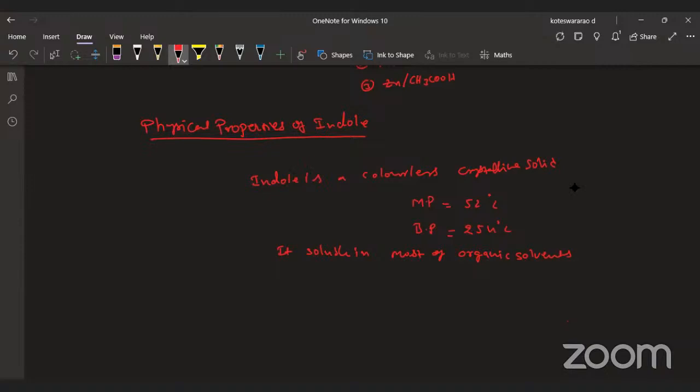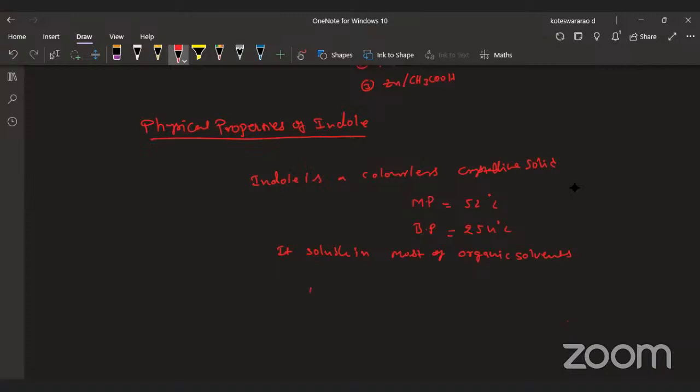The pure form of indole has a very pleasant smell. This is the reason it is used in the perfumery base. The impure indole has a very unpleasant smell. The main commercial source of indole comes from the 220 to 260 degrees centigrade fraction of the coal tar distillation.